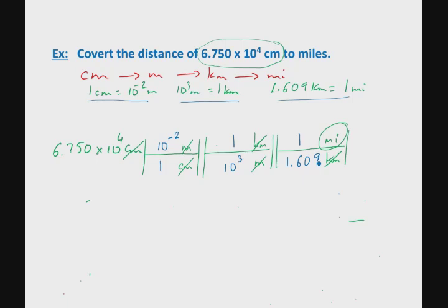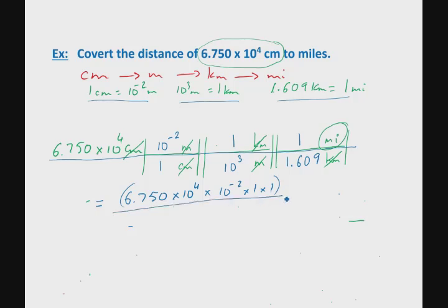Now we are ready to calculate this. If you are not sure how to calculate a problem such as this, please understand that everything on the top gets multiplied by each other, and that product is then divided by everything that's on the bottom. So a way to look at it would be 6.750 times 10 raised to 4 times 10 raised to minus 2 times 1 in the numerator.